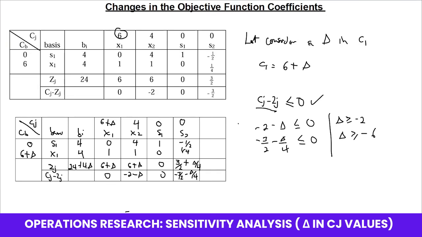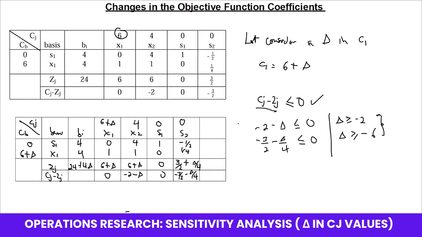The simple algebra, yes, we should get it. So we have two values for delta here, so we are going to combine them so that we get one range.